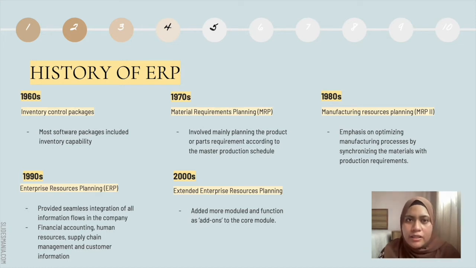In the 1980s, Manufacturing Resources Planning (MRP2) was created. It emphasized optimizing the manufacturing process by synchronizing the material with the production requirements such as shop floor, distribution management, project management, finance, human resource, and engineering.